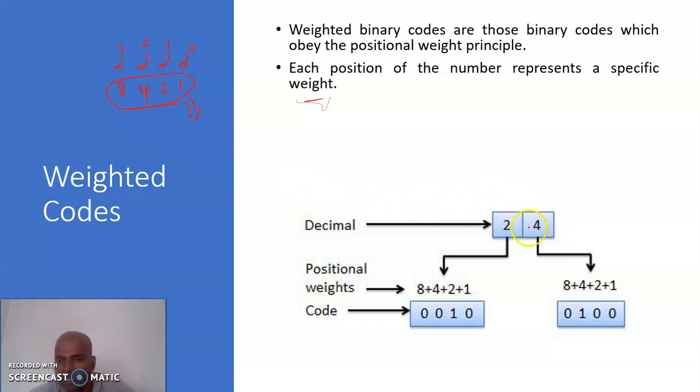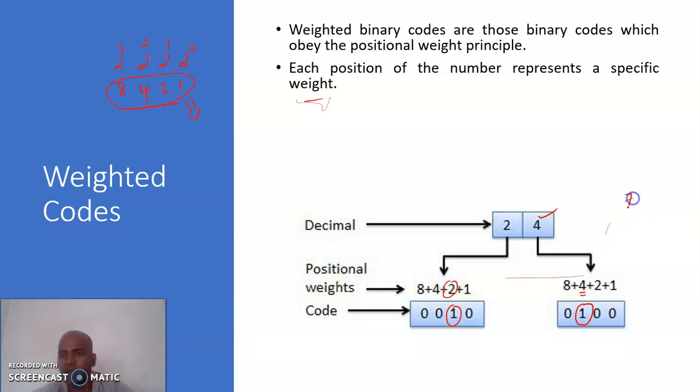Have a look at the number 4. While writing 4 in 8421 format, in the 4 place I represent the value 1. For number 2, in the 2 place I represent the value 1. Now this is an example of weighted code. You are familiar with writing binary codes, right?